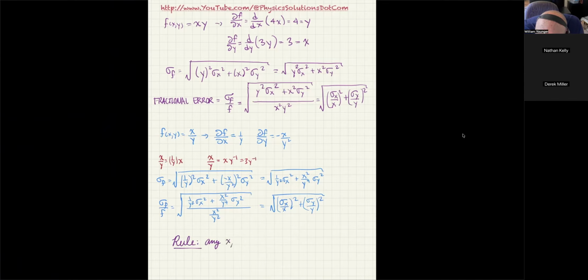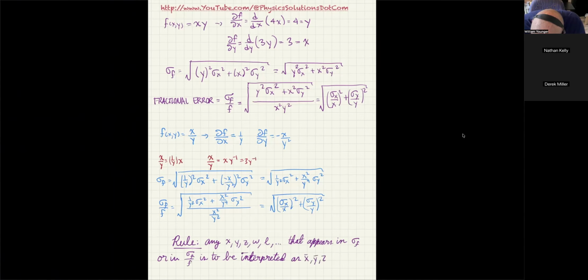Any x, y, z, w, l, dot, dot, dot, that appears in sigma f over f is to be interpreted as x bar, y bar, z bar, w bar, l bar, dot, dot, dot.